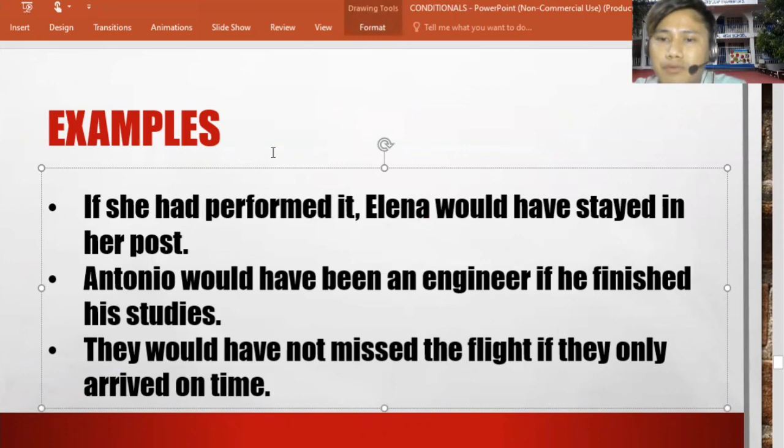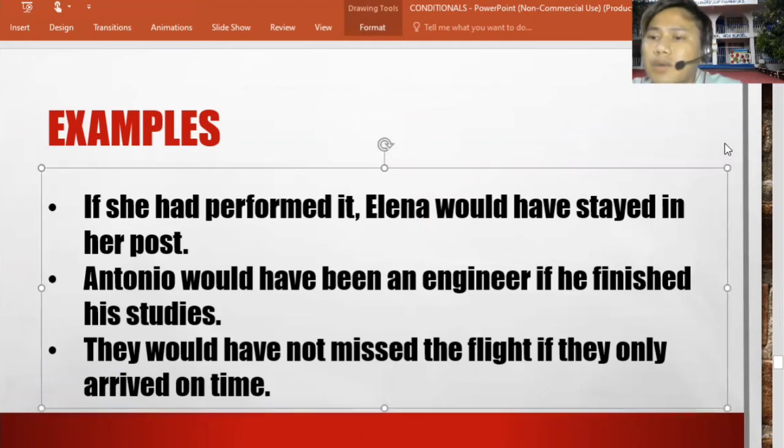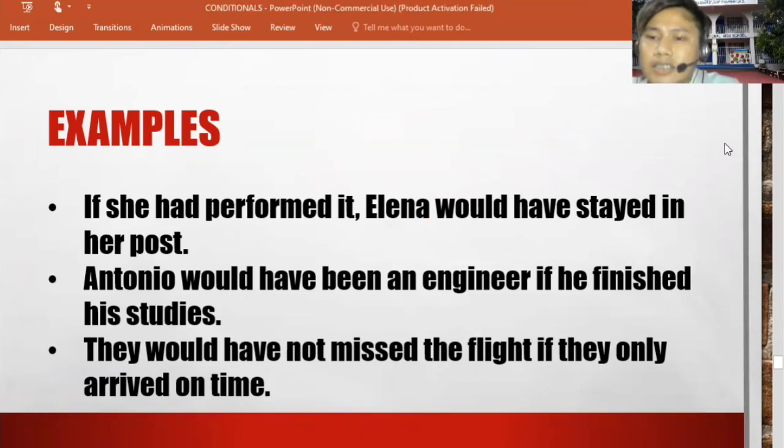Had performed. So we have the two elements in our condition now. What about in our main clause? We have would have, as what I have introduced to you, followed by our past participle, which is stayed. So those are the two past actions in our sentence, or should I say in our third conditionals.